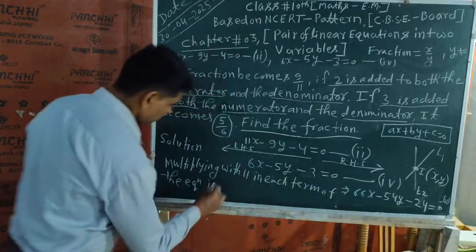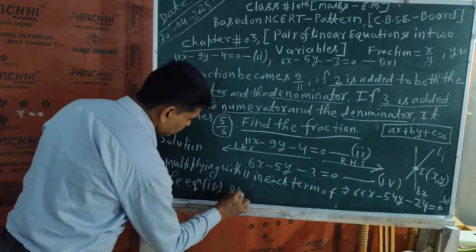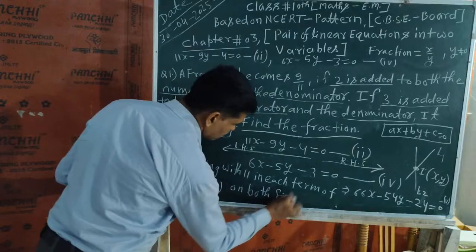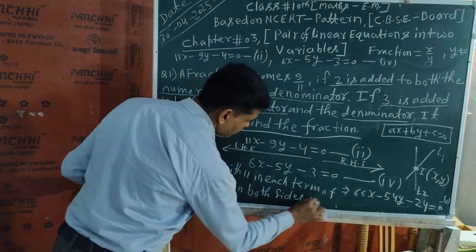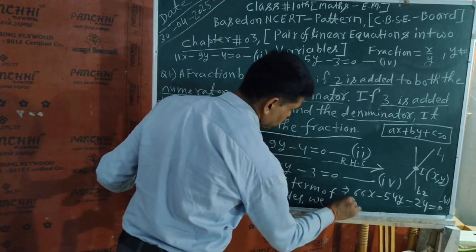Here equation number 4 is given, so I will write equation number 4 on both sides, and we get after multiplication.